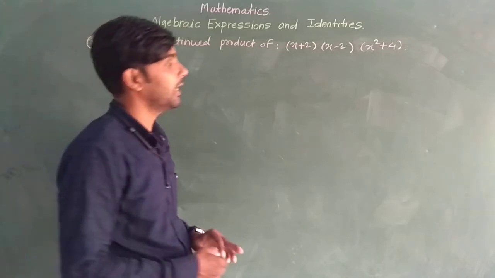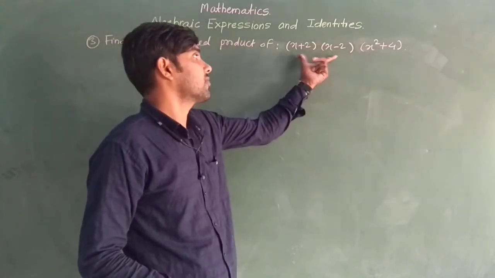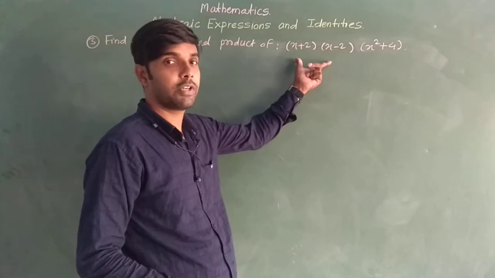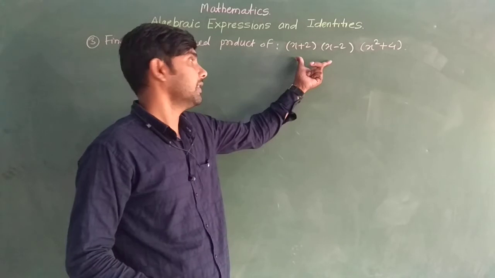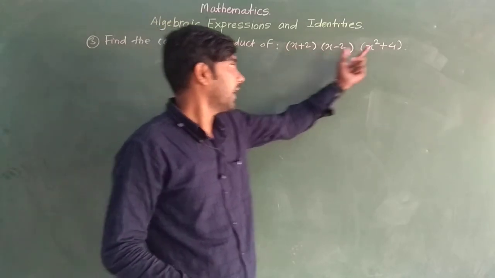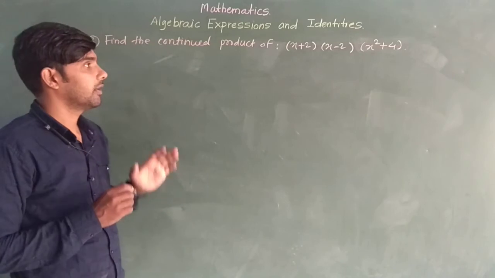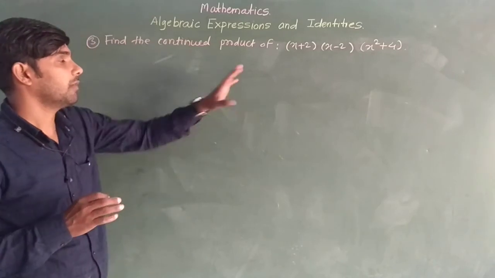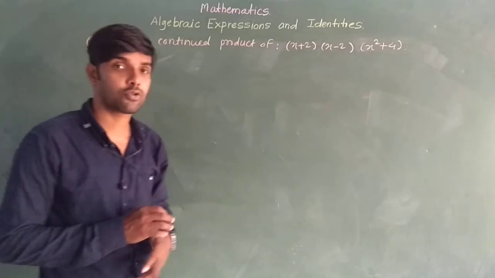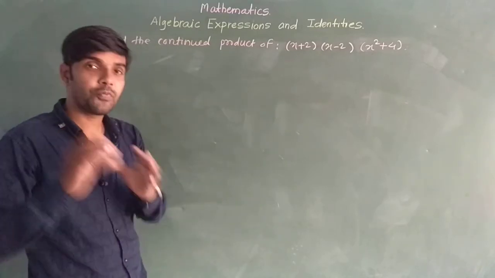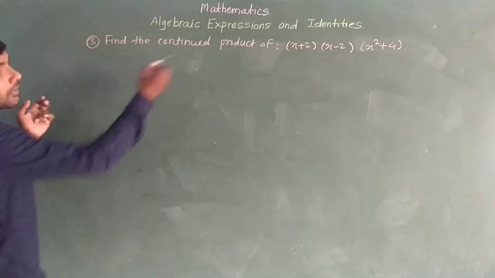First we will find the product of these two terms, and then we compare that product and x square plus 4, which is our third term, and check which identity the product of these terms matches. Got it? So write down the solution.